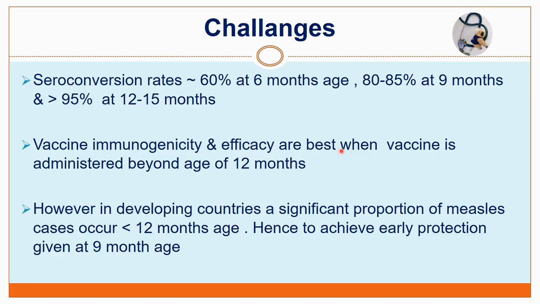It is best if you can give beyond 12 months. But the problem is, in developing countries a significant proportion of children get measles at an age less than 12 months. So to protect them, in those places we have to give the vaccine at an earlier time. So we are giving at 9 months.